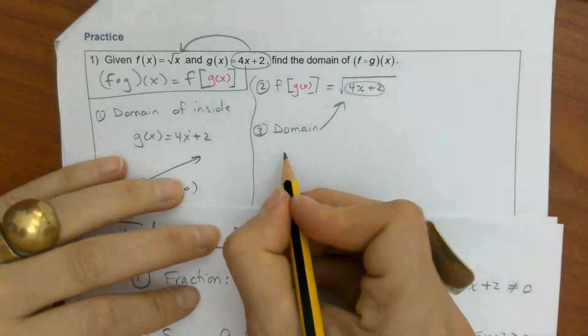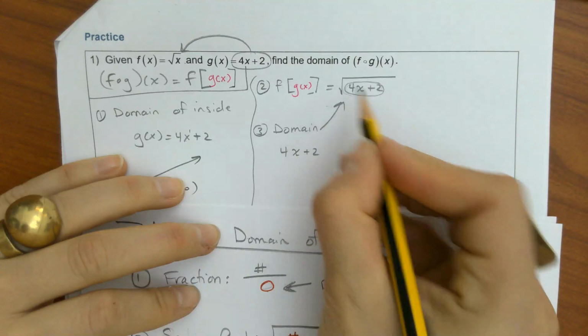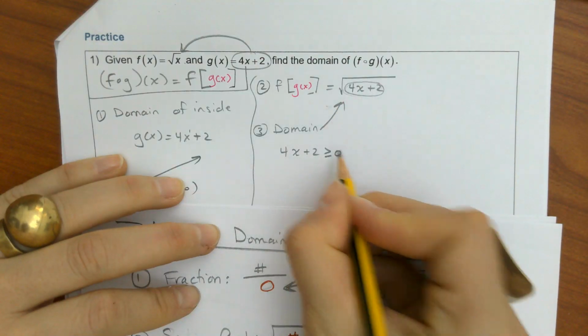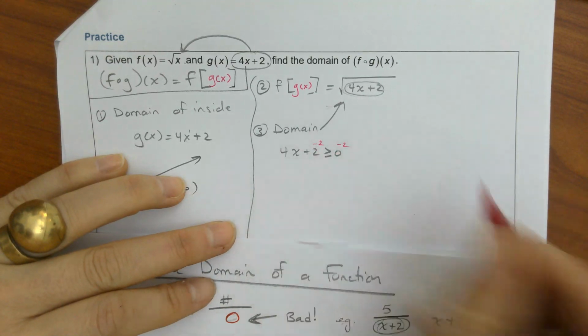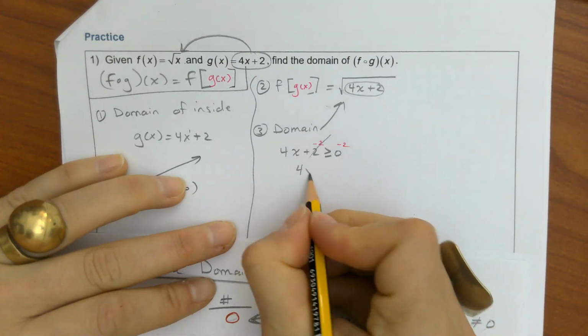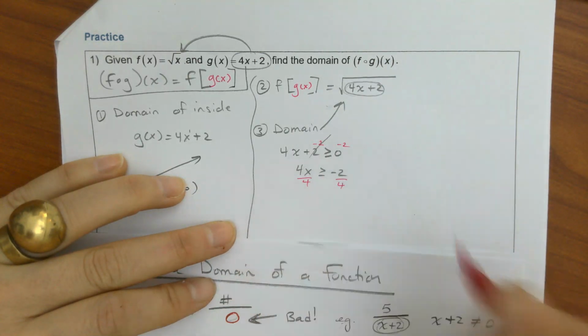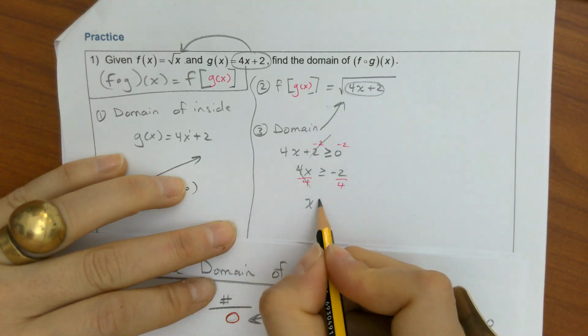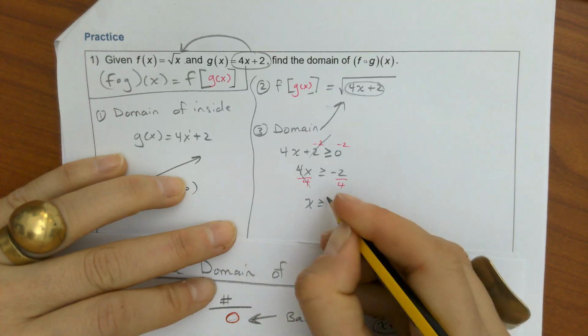Everything that's under the square root has to be bigger than or equal to 0. Now I'm going to solve for x, so minus 2 on both sides. Divide by 4. And I'm going to write this as a decimal, negative 0.5.